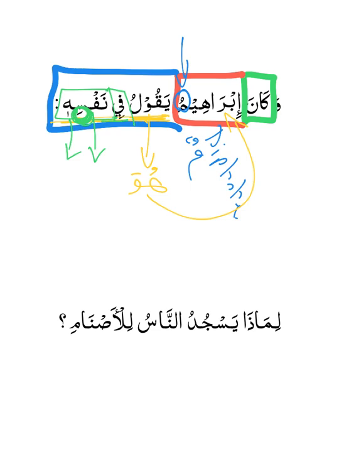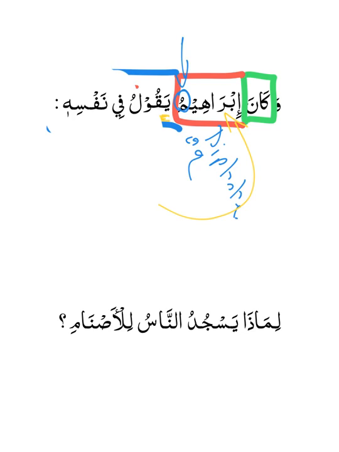The other thing to appreciate here is a jar majroor. In our case, fi nafsihi, a jar and majroor always needs something to latch onto, something to connect to. And whatever it connects to, it will either be physically mentioned in the sentence or it will be hidden.